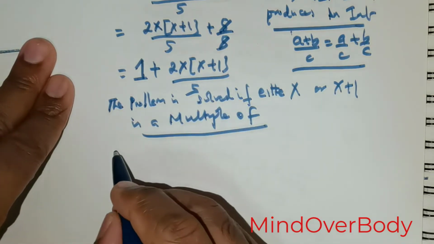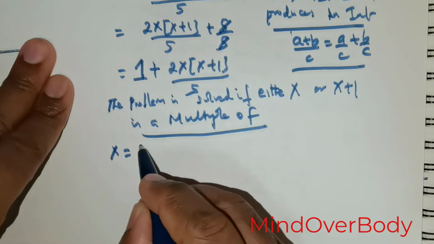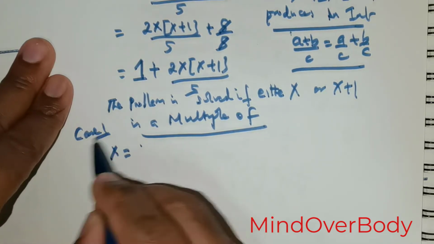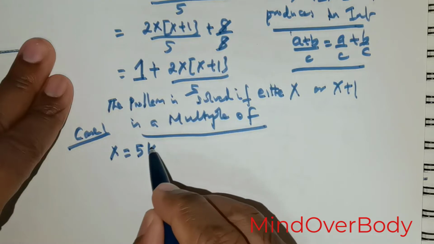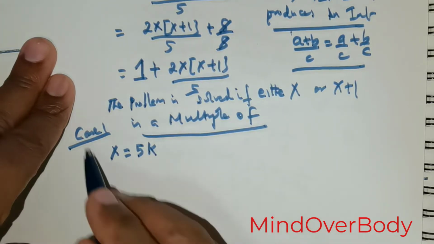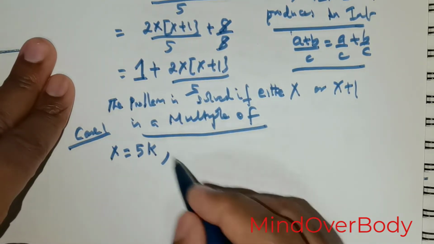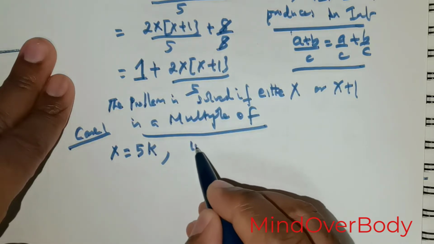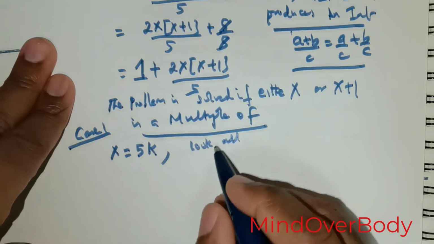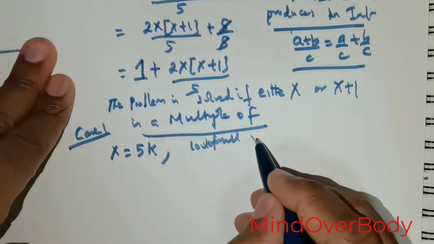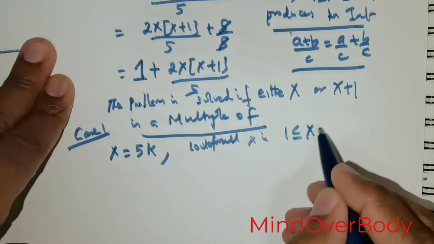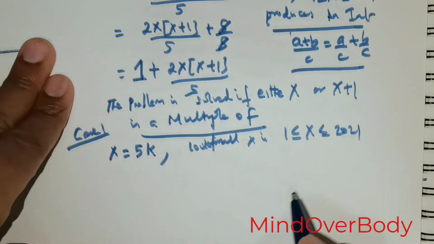Now, let this be case 1. We will have to take x to be 5k. If x is equal to 5k, then we have to look for all x present in 1 ≤ x ≤ 2021.